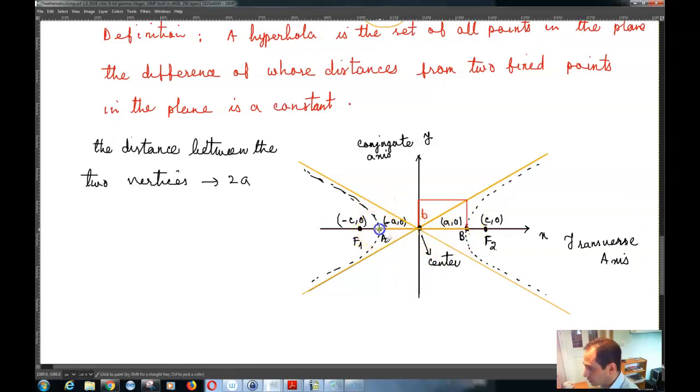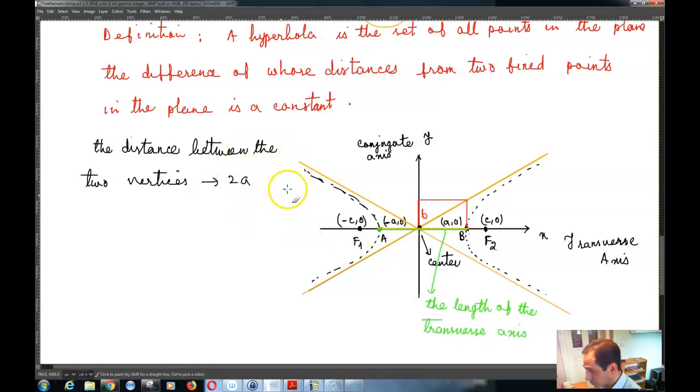So your transverse axis goes from here to here, and this is the length of the transverse axis. Okay, that is based on the definition that I can see over here.